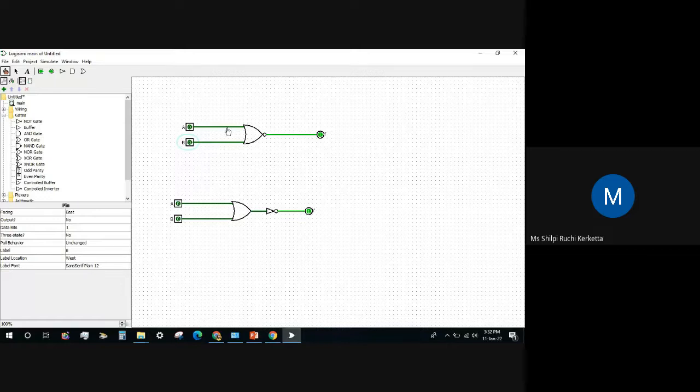For 0 0 we are getting an output of 1. For 0 0, 0 plus 0 means the output is 0, but this NOT gate is inverting it. Any other case, it will give output as 0. For 0 0 only, it will give an output of 1.